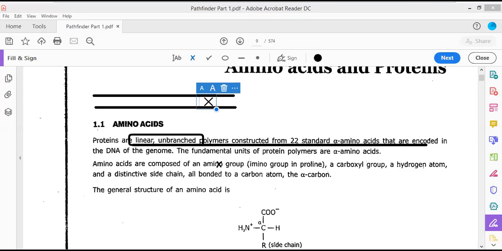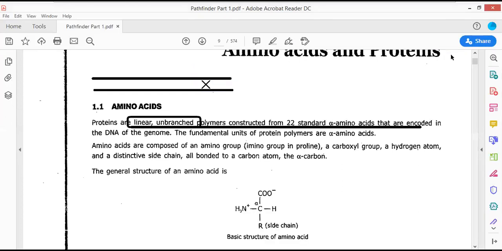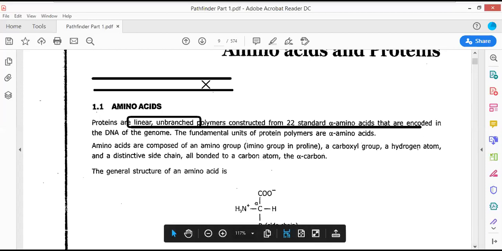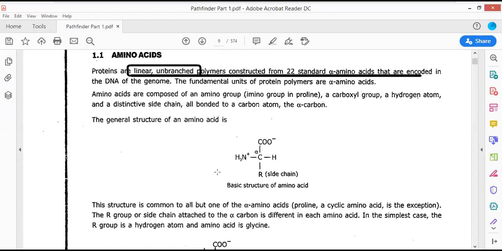Amino acids are composed of an amino group, a carboxyl group, and a hydrogen atom present within their structure. Now we will look at the structure of amino acid. What is the structure of amino acid and why is it such an important compound in nature? The structure, as you can see, is given in the figure. An amino acid consists of a chiral carbon atom bound to a carboxylic group, an amino group, a side chain, and a hydrogen atom.